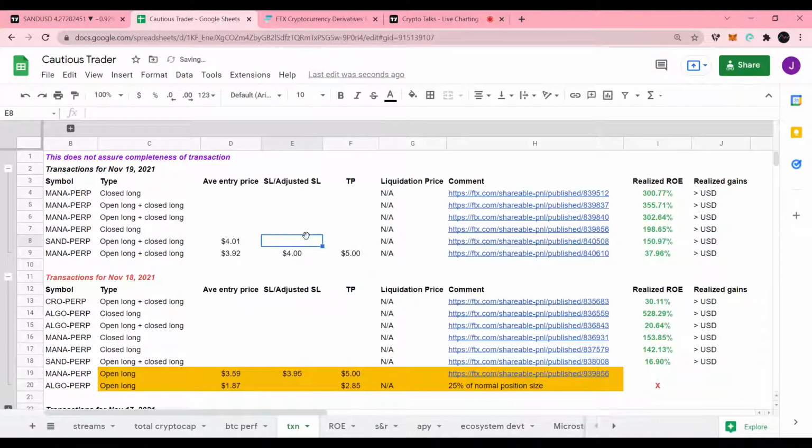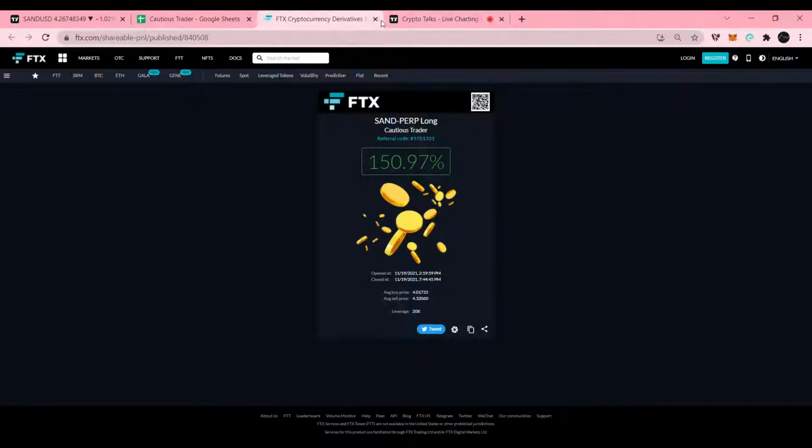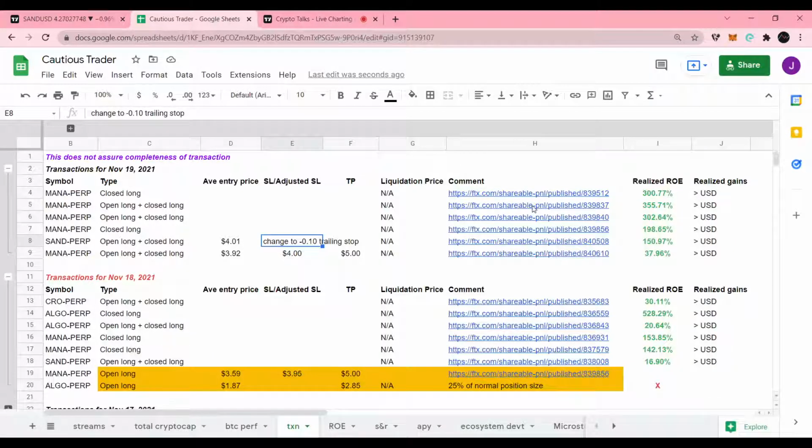I changed to negative 0.10 trailing stop. So I got stopped out at whatever price, which is 4.32. And I did not re-enter it already.